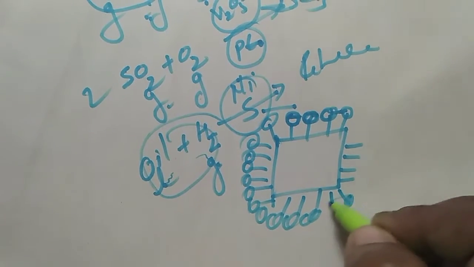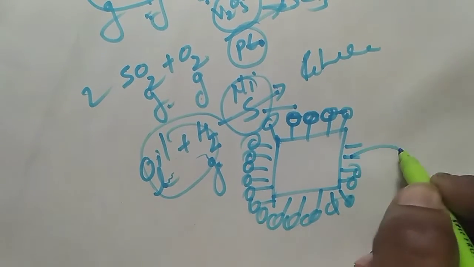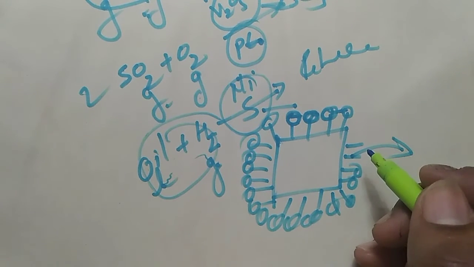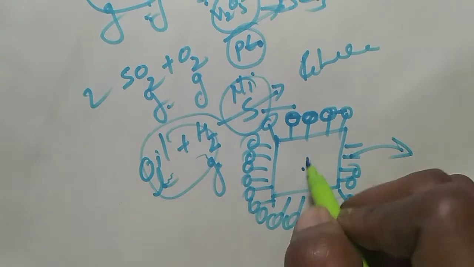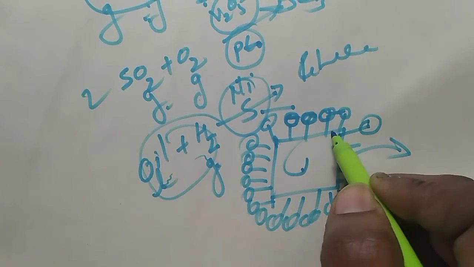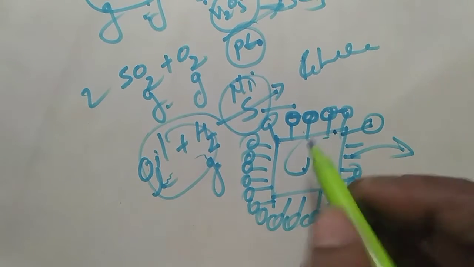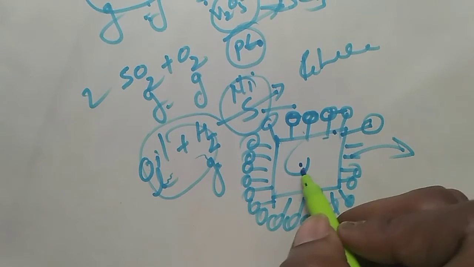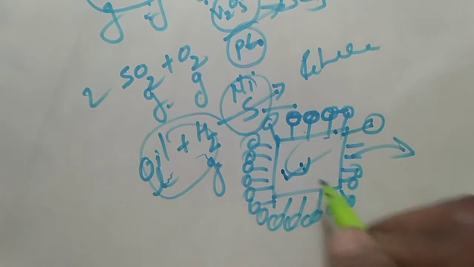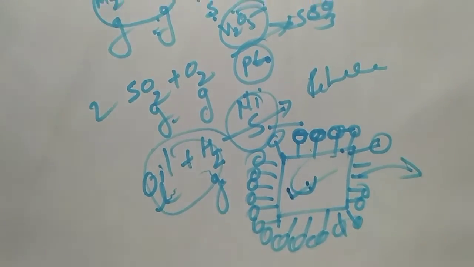Then when the product is formed, it is detached, meaning desorption takes place, and the product is obtained and the catalyst is recovered. So this is the adsorption theory of the working of catalysis. It is a very important process, the adsorption process in heterogeneous catalysis.